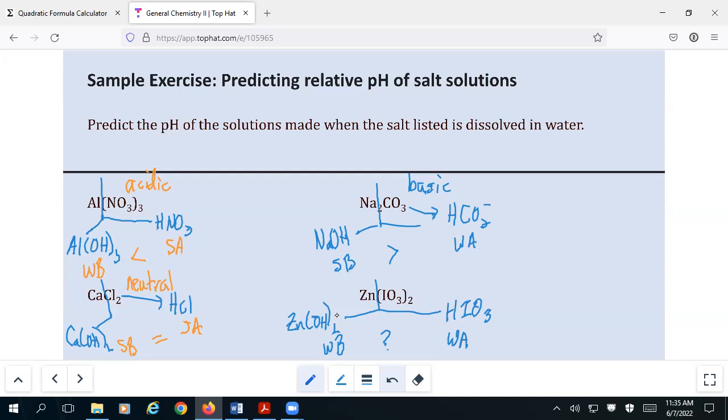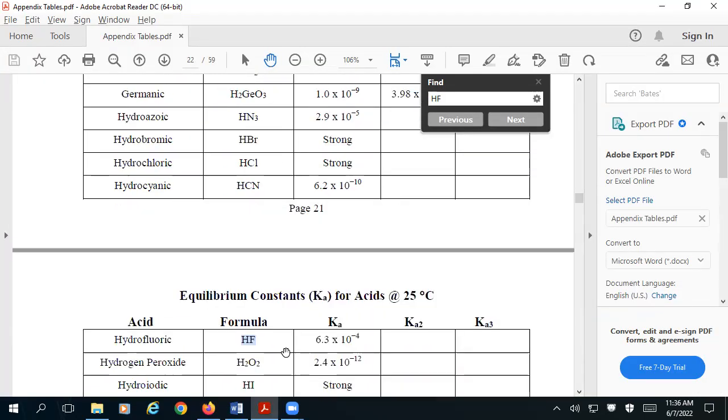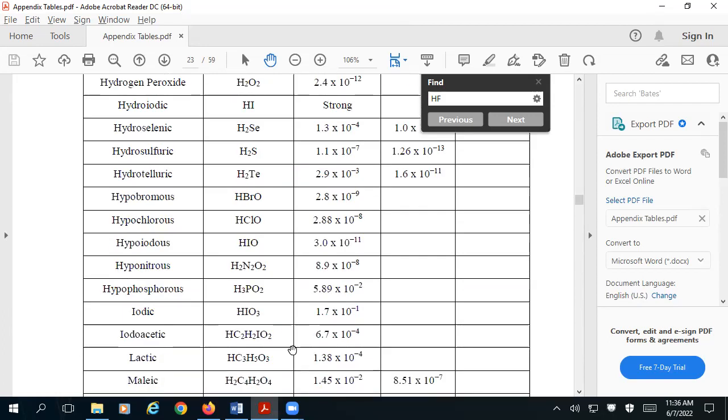To remedy that, we would have to go to the Ka values, or the K values rather. So looking at the Ka of iodic acid versus the Kb of zinc hydroxide. Now, we already did an example earlier today with iodic acid.